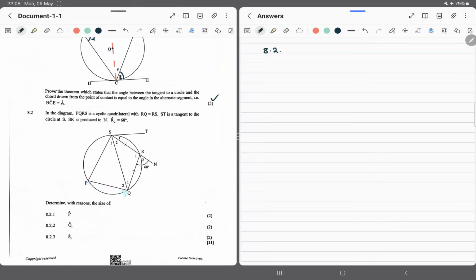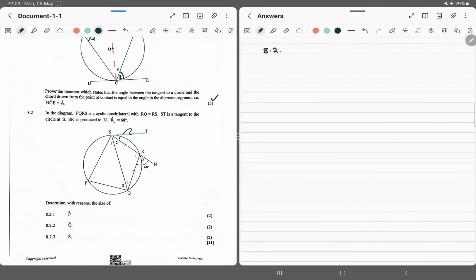That is pretty obvious because all vertices touch the circumference. And then RQ is equal to RS, that is also indicated. ST is a tangent to the circle at S. Perhaps we want to make sure we keep it in sights. That is a tangent to the circle at S.